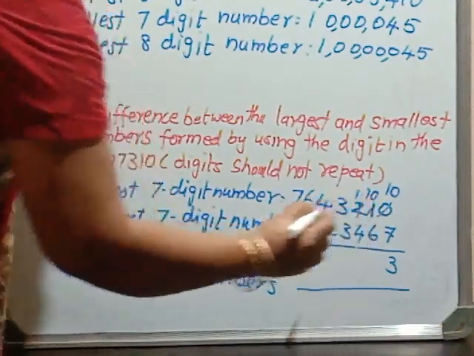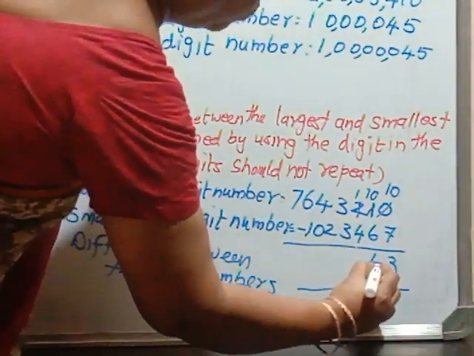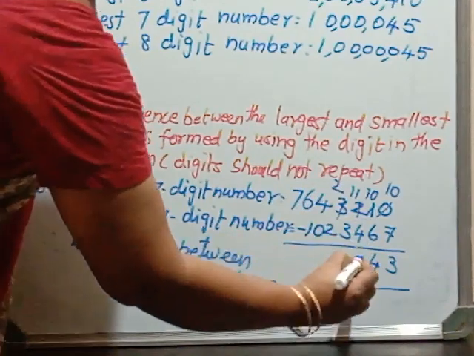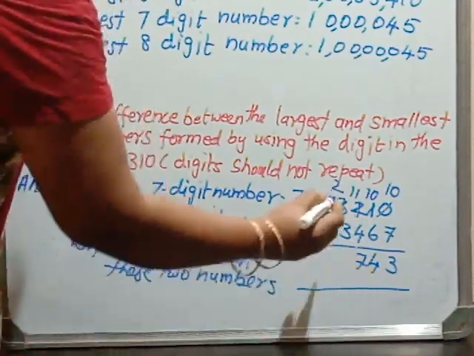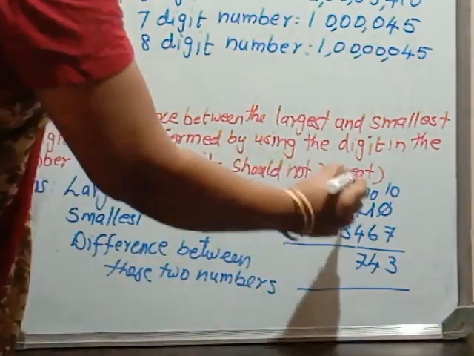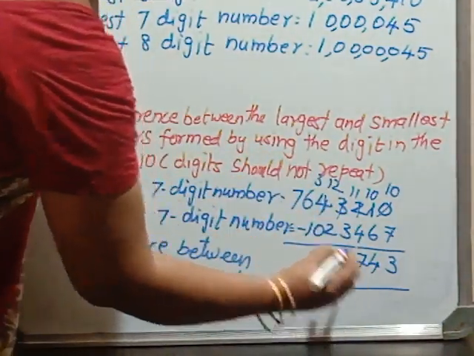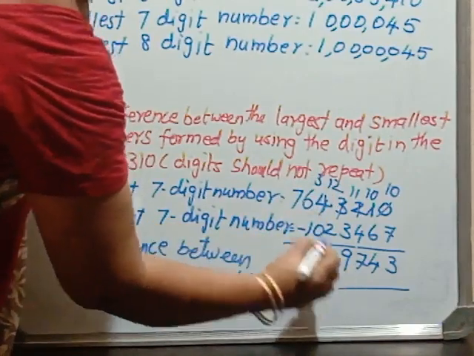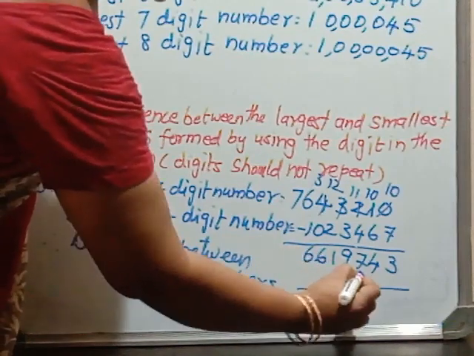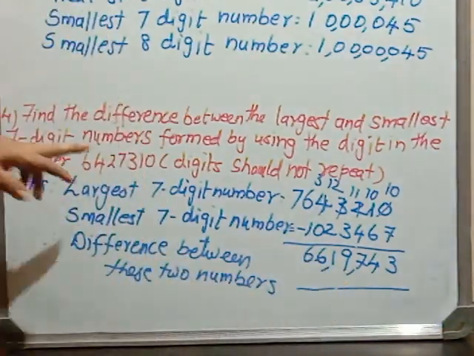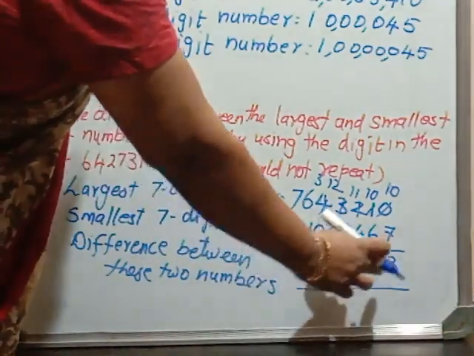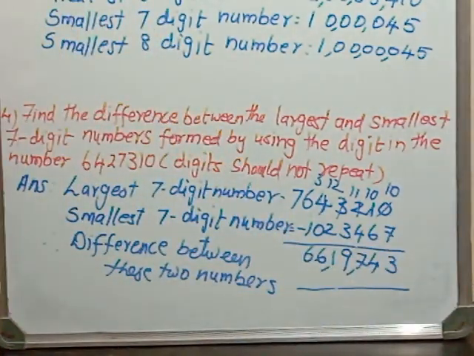So, borrow 1. 10 minus 6, 4. Now, here also it's not possible. We are borrowing 1. 11 minus 4, 7. Here also it's not possible. We are borrowing 1. 12 minus 3, 9. Here 3 minus 2, 1. 6 minus 0, 6. 7 minus 1, 6. So what's the difference between the given numbers, the greatest and smallest? 66,19,743.